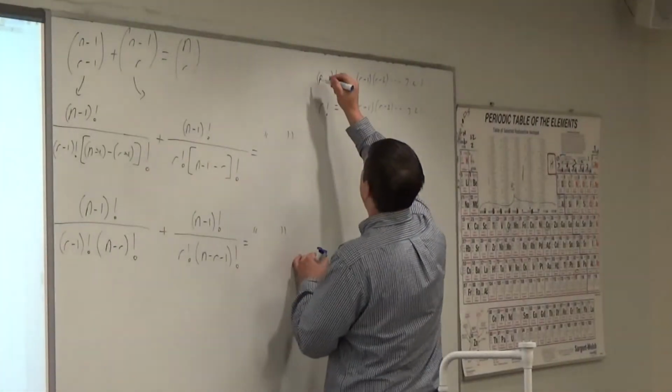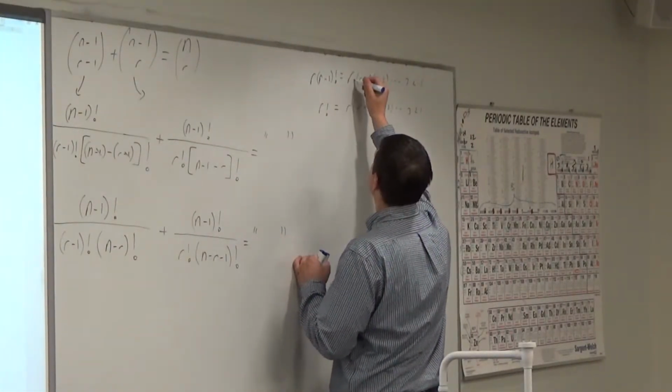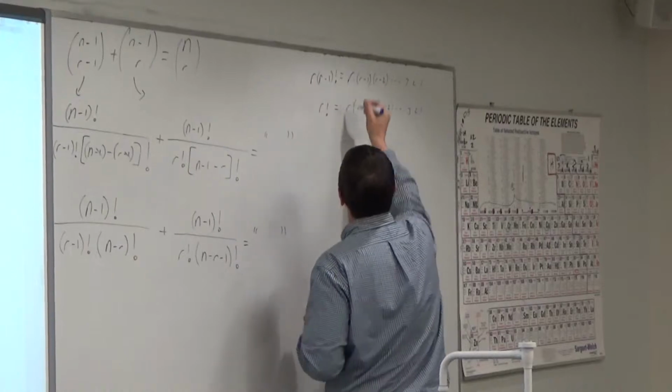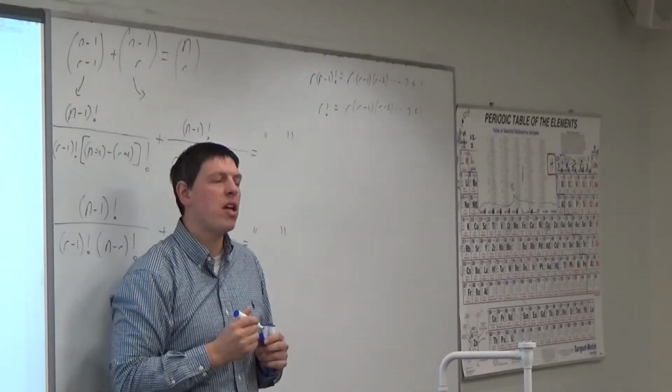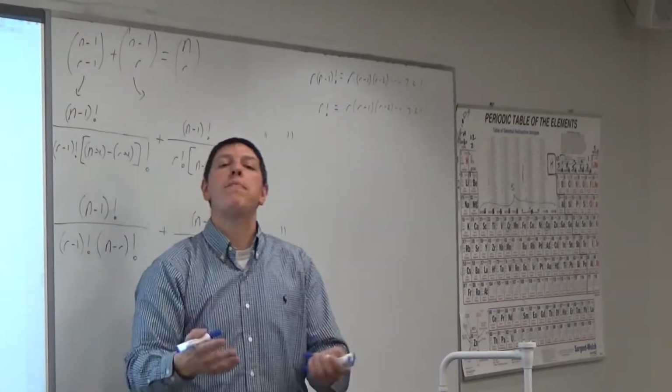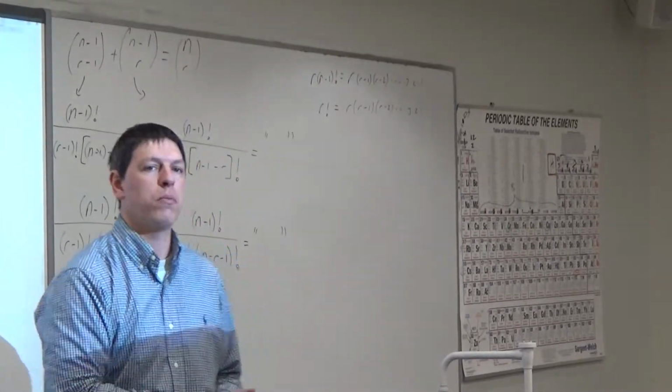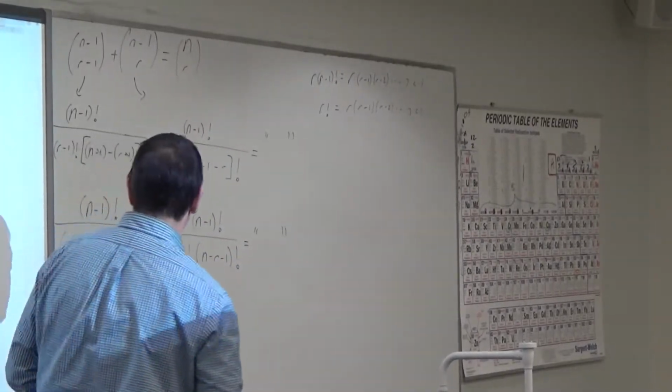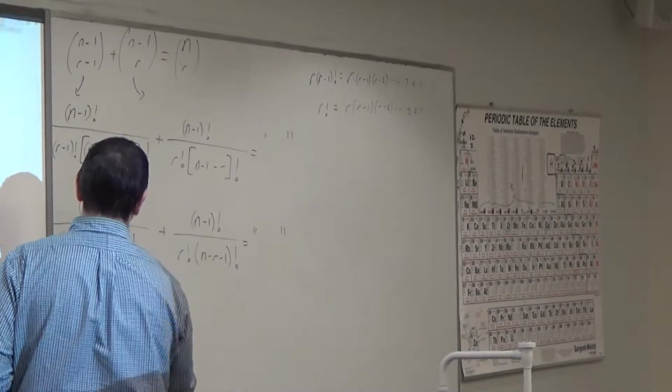So does everybody see that if I was to do this, that these two would be exactly equal? Does that make sense to everybody, guys? This might be helpful when you guys are doing your homework problems. So the LCD between these two is going to be r fact.